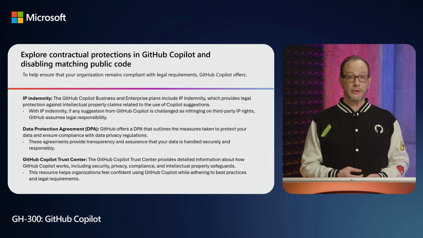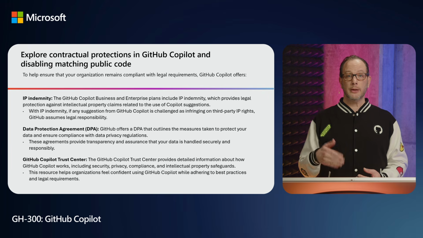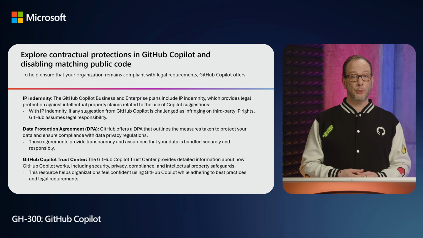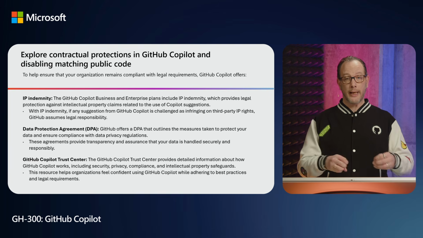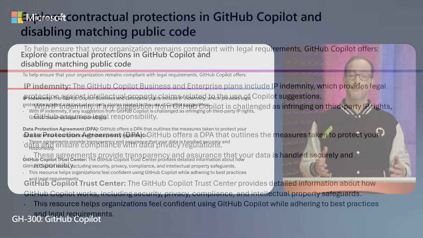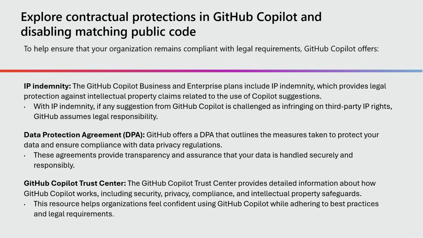GitHub Copilot Business and Enterprise plans include important contractual protections that help organizations like yours manage legal and compliance concerns. One of the most notable is IP indemnity, which provides legal coverage if a Copilot suggestion is challenged as infringing on third-party intellectual property. The risk is shifted away from developers and onto GitHub.